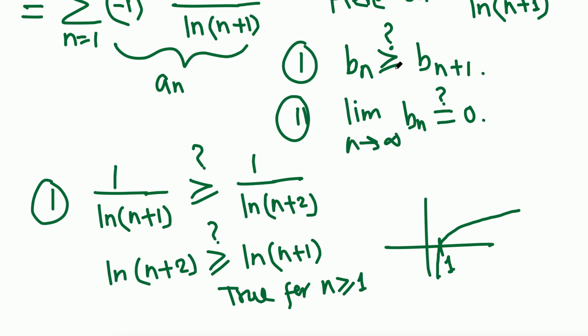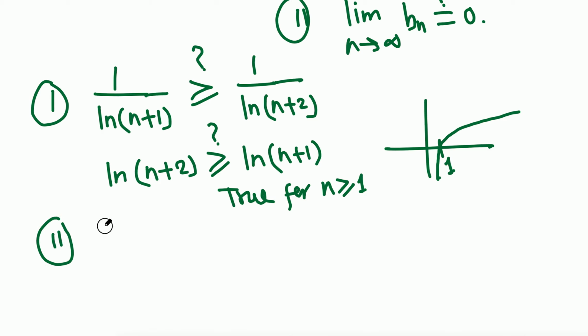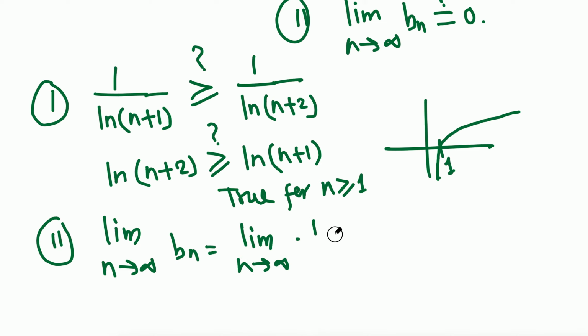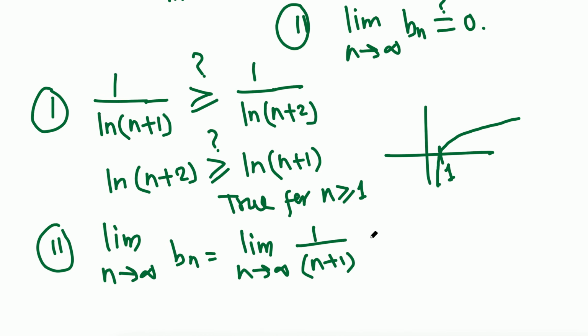So we know the bn's decrease, and the limit is 0. Yeah, we already checked that. The limit as n goes to infinity of bn is the limit as n goes to infinity of 1 over ln of n plus 1. When n goes to infinity, this is natural log of infinity, which is really big, and 1 over really big is 0.